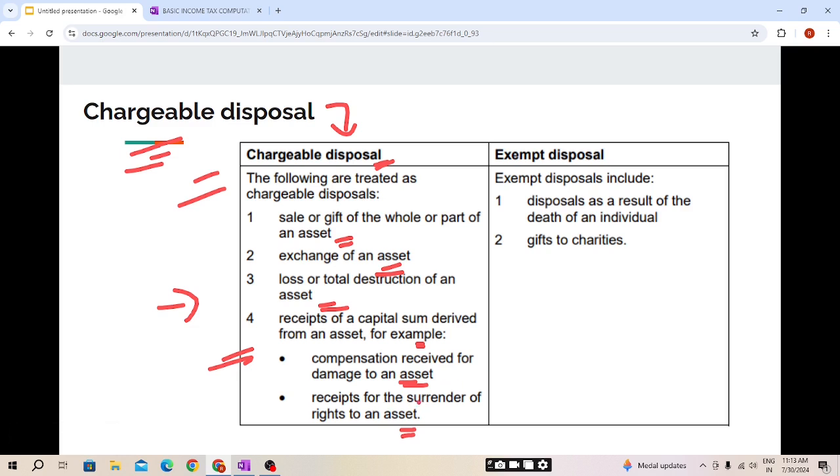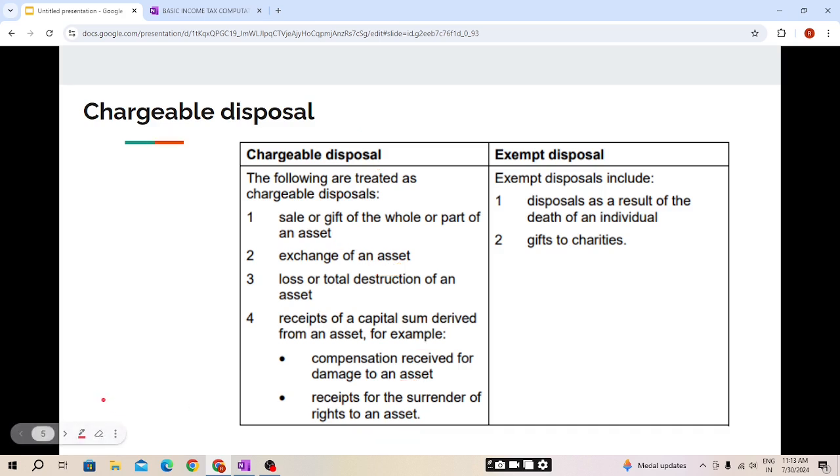Then receipts for the surrender of rights to an asset. The rights of an asset are surrendered to another person and they are paying us a receipt. So chargeable disposal means, students, either we are selling or gifting a part of the asset. If we exchange an asset, it will be dealt under CGT and the CGT will be applicable.